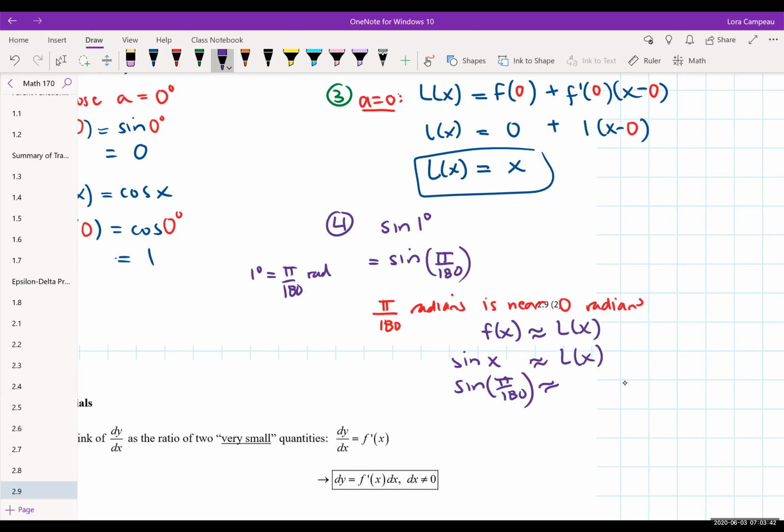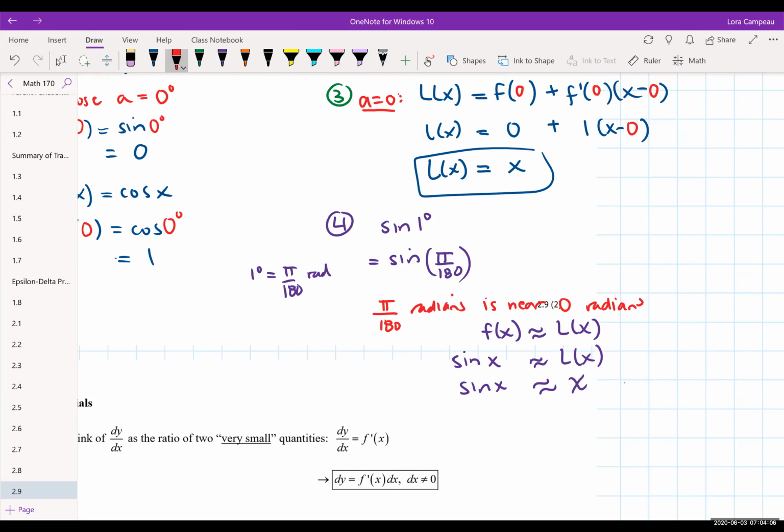So in this case, it'd be x. Let me give you another step just in case. Sometimes maybe we don't see that jump. So sine of x is approximated by the linearization of x. And what was the linearization of x? It was x.